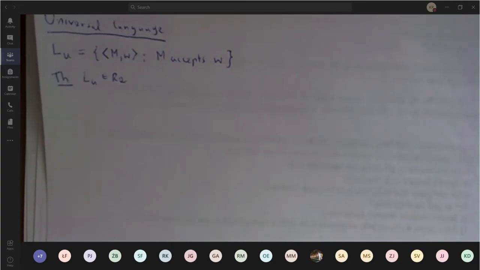So I will describe a Turing machine accepting this language. Proof.